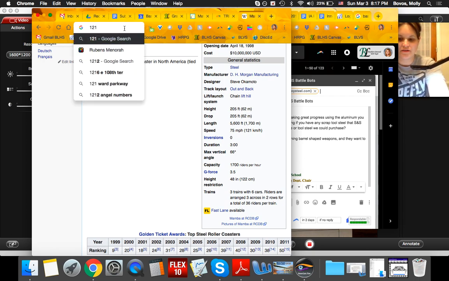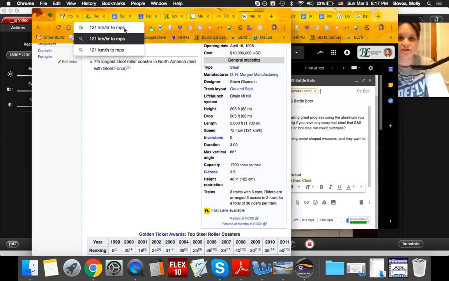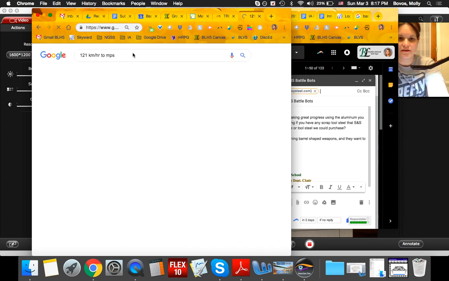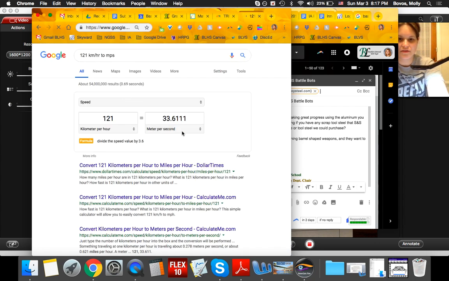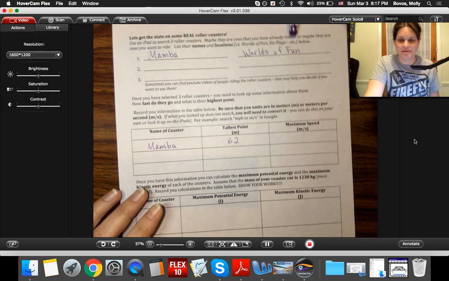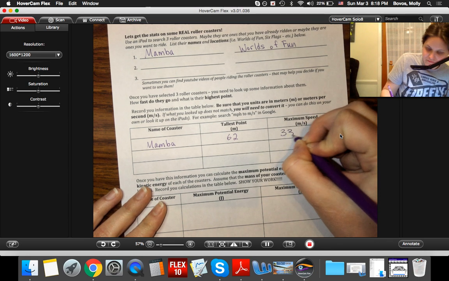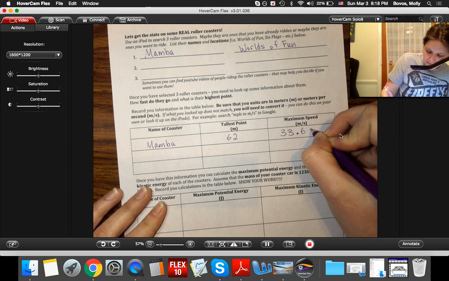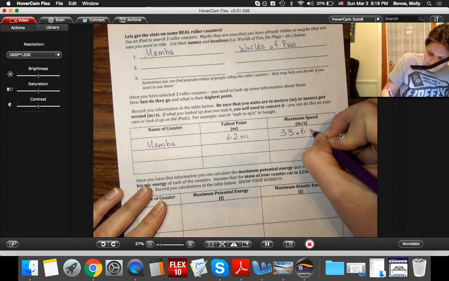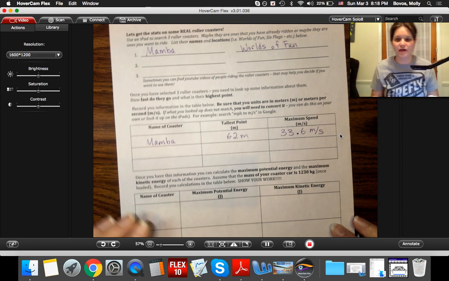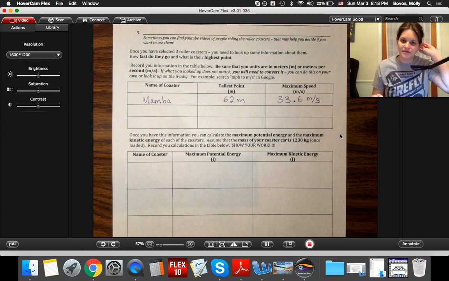I'm going to go ahead and just type in 121 kilometers per hour to meters per second, because we are working with meters per second. It is 33.6 meters per second, and all I did was just type that into Google. Okay, that's meters per second. Got to use our SI units.